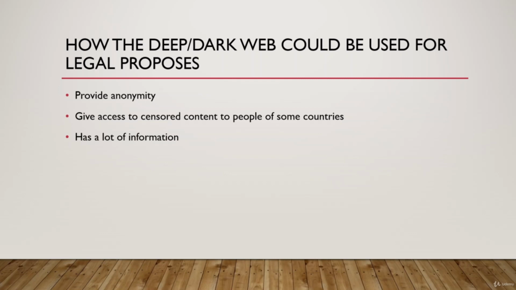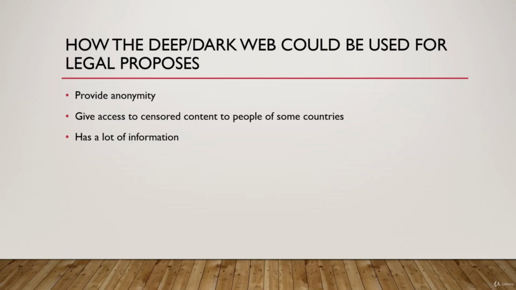And once again, it brings us to the point that a lot of information is available on the deep web, since it's from 94 to 96% of the whole internet. You have amazing content right there.